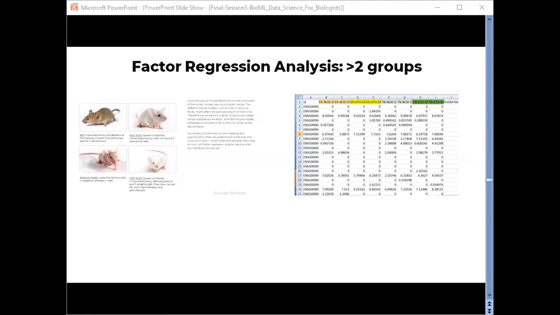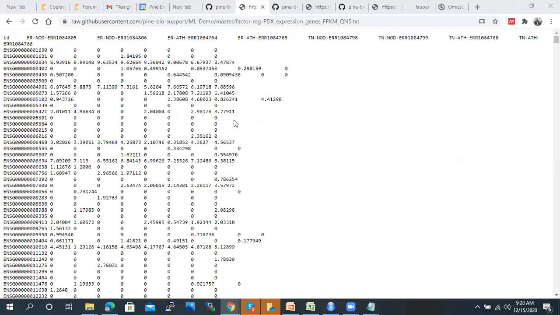Let me just show you what this data set contains before performing analysis. If you look at this data, we have these ER positive samples, then we have these triple negative samples. Within the ER, we have two types of mice models where this particular tumor is developed, that is nod and athymic. Similarly, in the triple negative, we have nod mice, and then we have athymic mice, which lack thymus.